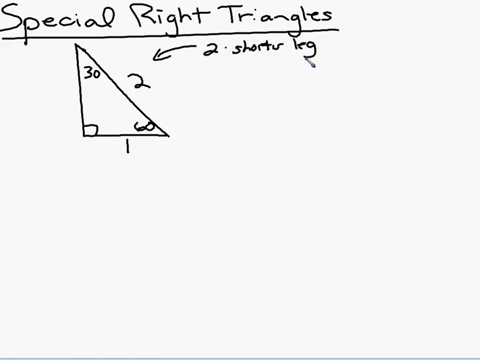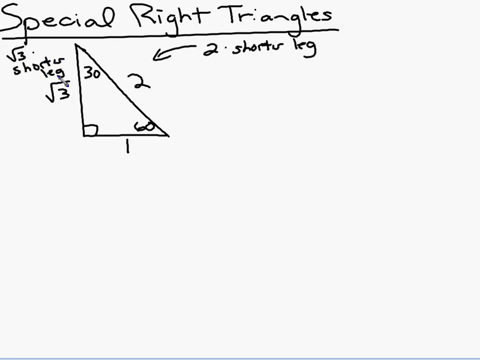Twice as long. And then the side opposite the 60-degree angle is radical 3, or we could think radical 3 times the shorter leg.